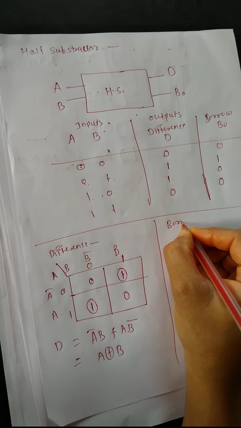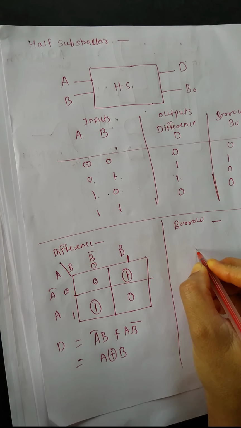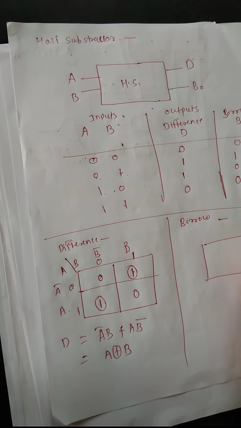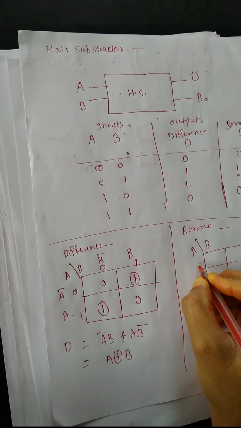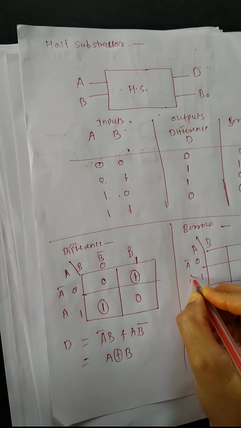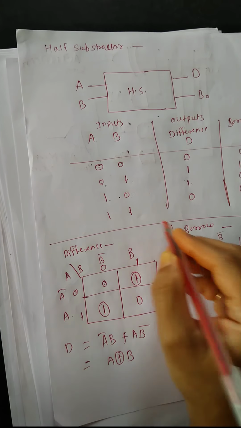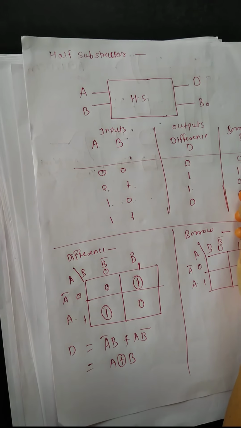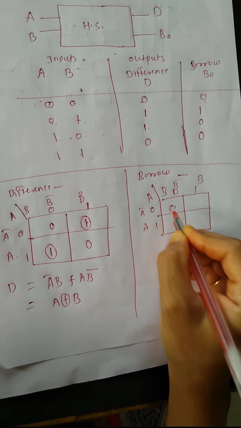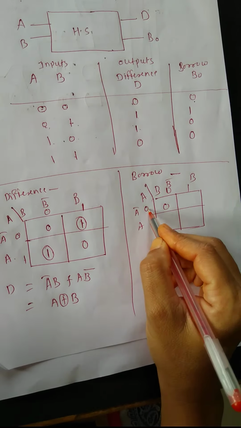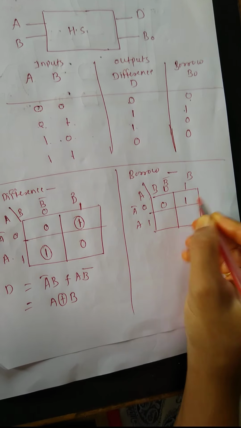Next, for the borrow equation, we require a two variable structure, so there are 4 boxes. Here is the A input, B input, 0, 1, A bar, A, and B bar, B. 0 minus 0, borrow 0, so here 0. 0 minus 1, A0, B1, borrow 1, so here 1.